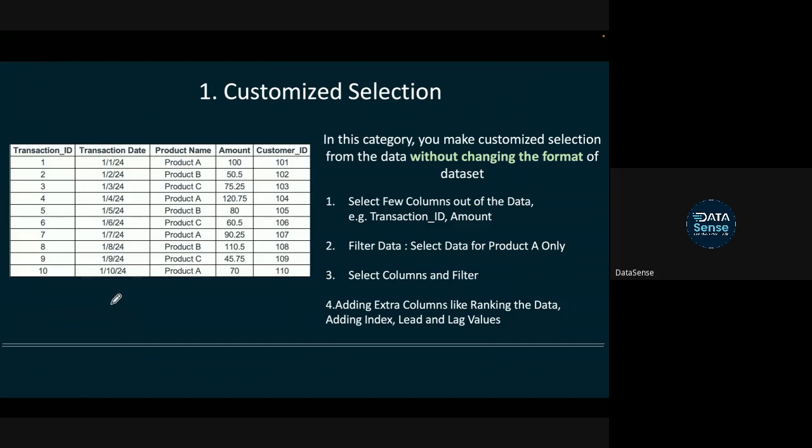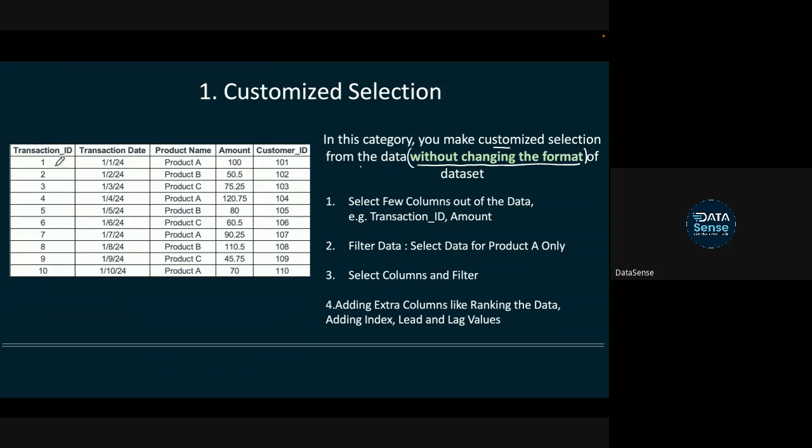What I mean by customized selection is that whenever you are given data, suppose a table is given, they will ask you to create some additional column, or put a filter, or make some dynamic selection out of the table. So you make a customized selection from the data without changing the format of the data. What I mean by that is you do not change the primary key, for example.